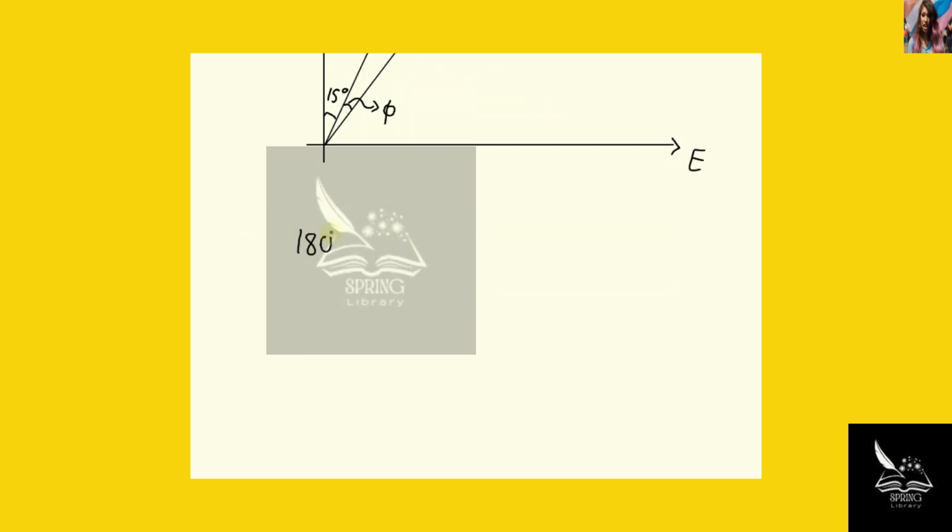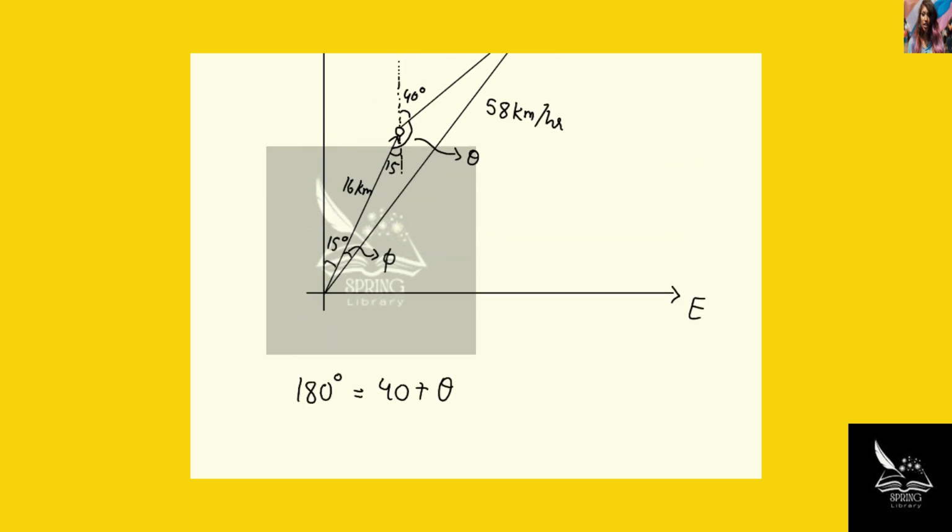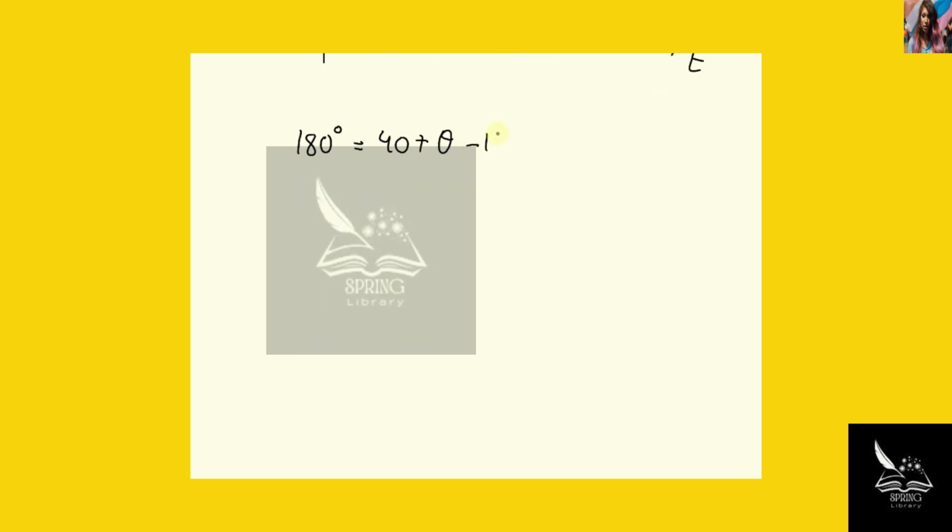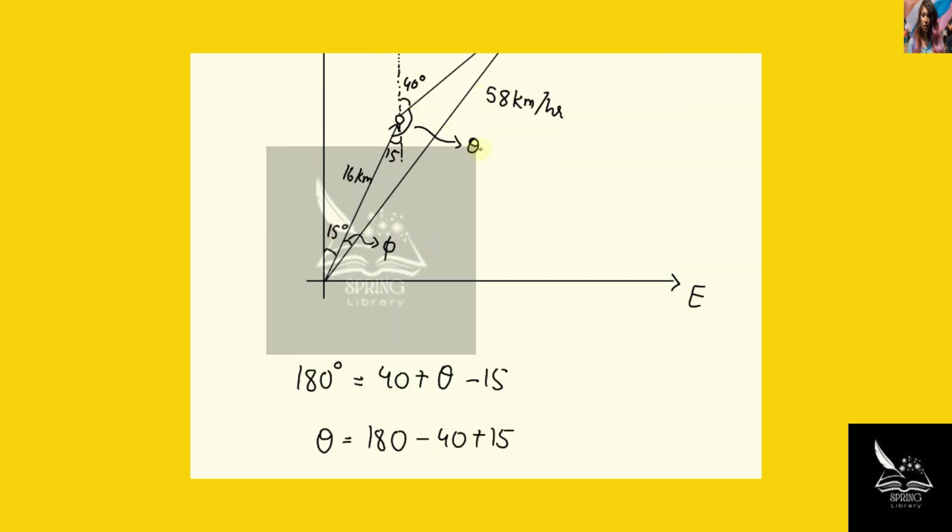So 180 degrees will be equal to 40 plus theta, but theta extends until here, so I will subtract this 15. So theta will be 180 minus 40 plus 15, so theta will be equal to 155 degrees. So we got this angle as 155 degrees.